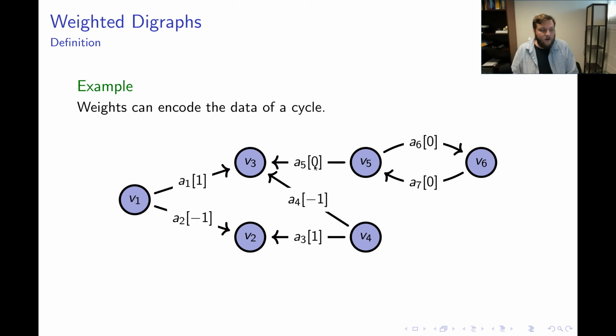Some of my arrows have a 0 attached to them. Some of my arrows have a 1 attached to them. And some of my arrows have a -1 attached to them. The underlying idea here is that the 0s, -1s, and 1s are meant to describe whether or not in my path I traveled with an arrow, against an arrow, or ignored my arrow.